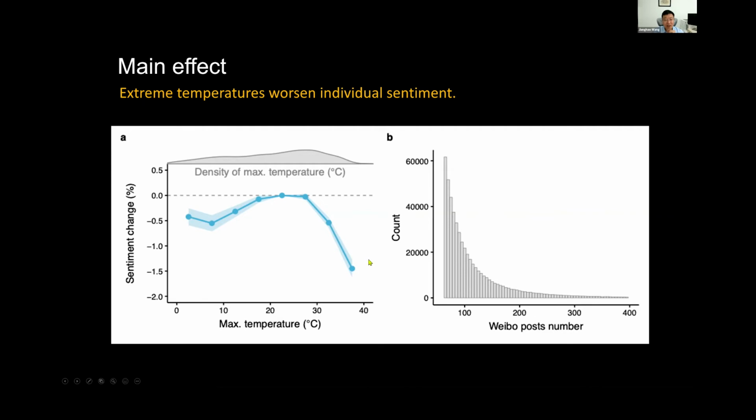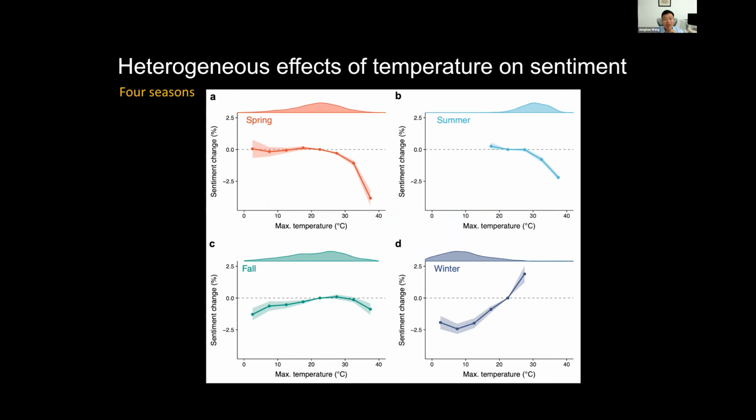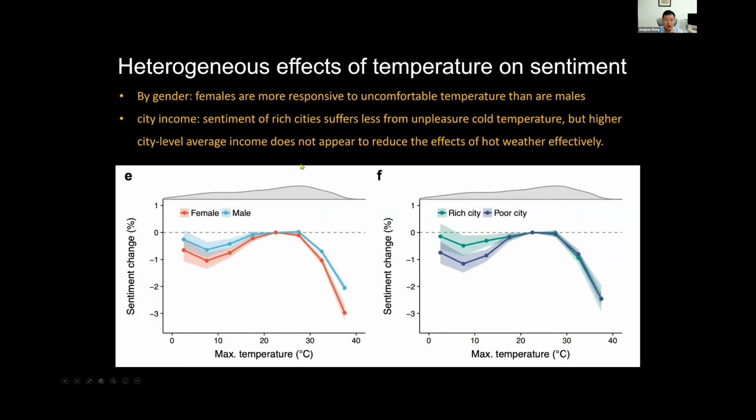It provides a good way to study these questions. We found this pattern also has a heterogeneous effect of temperature among the four seasons, across summer, spring and fall. Fall actually is the most comfortable season. People like fall. We found these patterns as well.